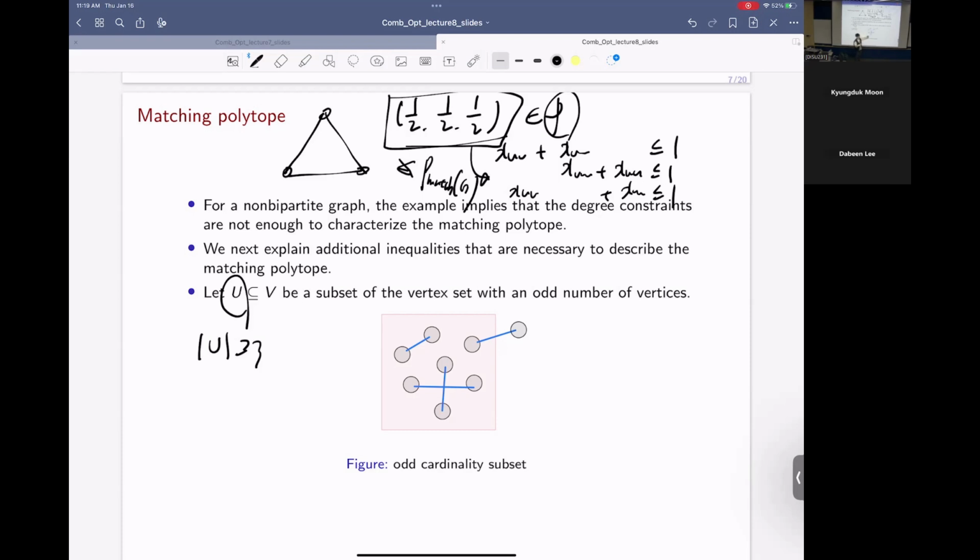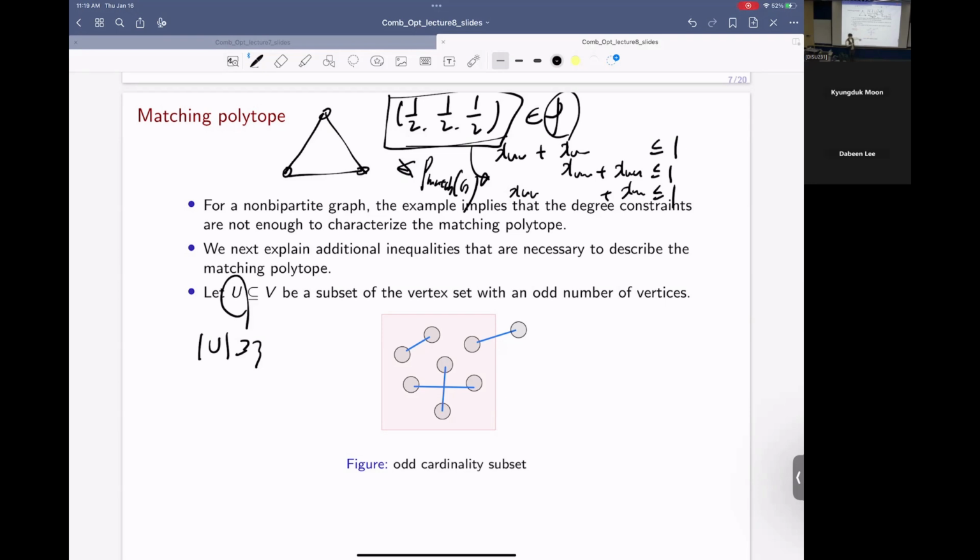Okay. But because I took an odd number of vertices, one vertex has to be left out if you just look at the points inside this odd set. That was the case for the blossom. So the blossom is an odd cycle, and there's a vertex that is not covered by a matching edge inside.